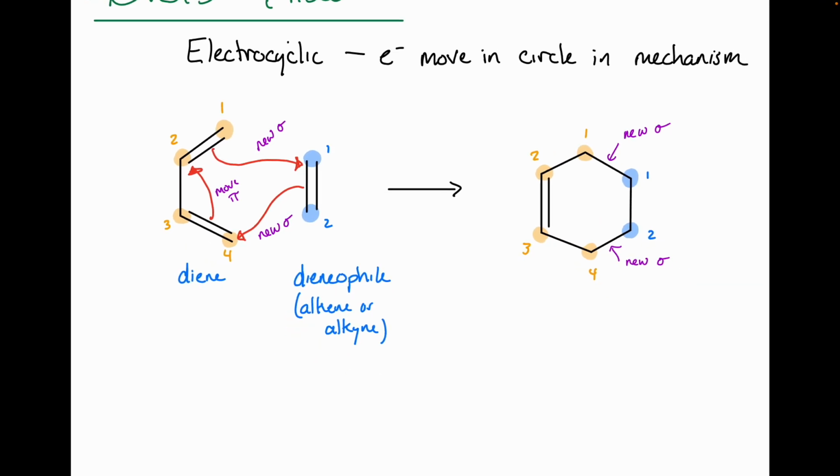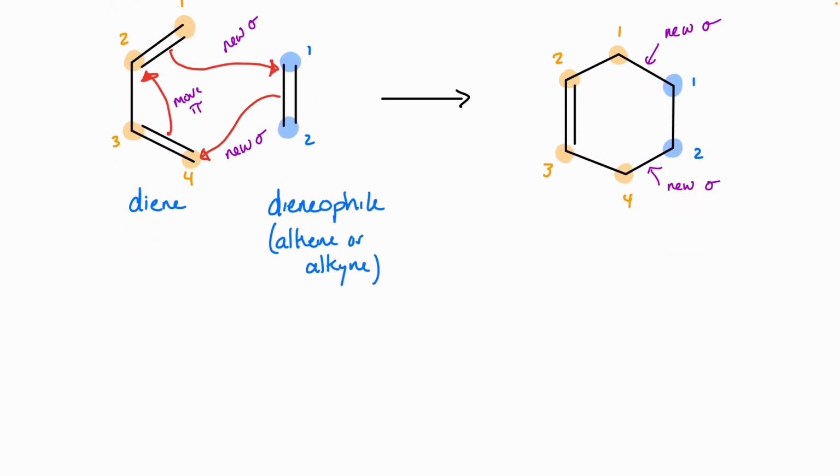All right, so for your Diels-Alder reactions, you are always going to form a 6-membered ring.